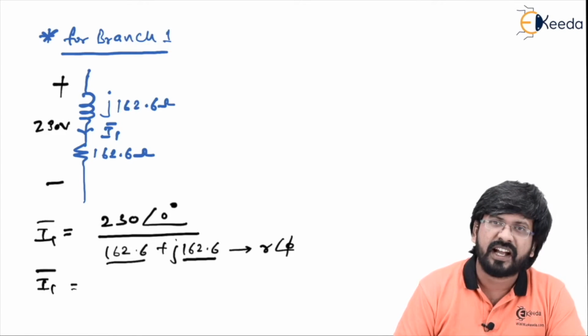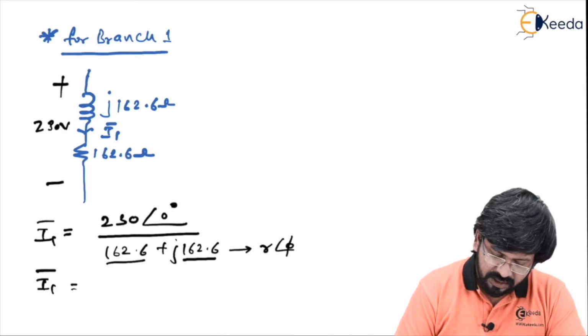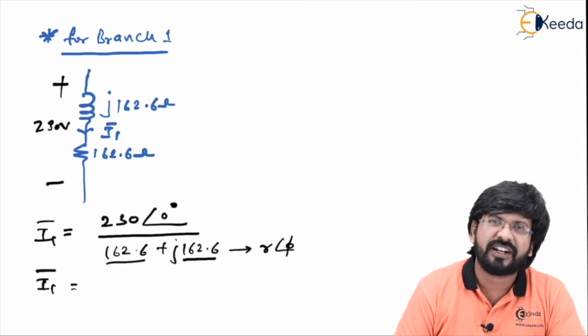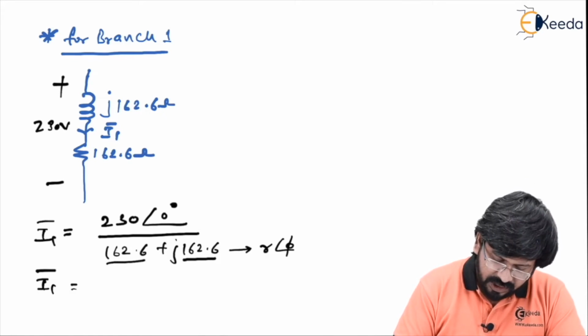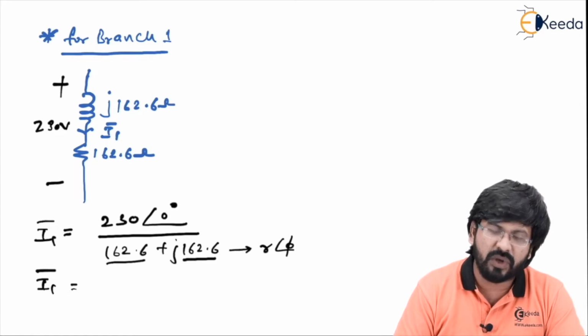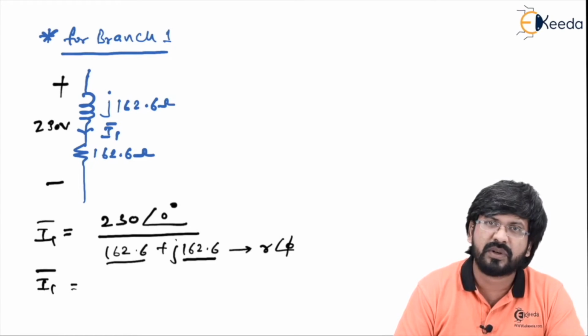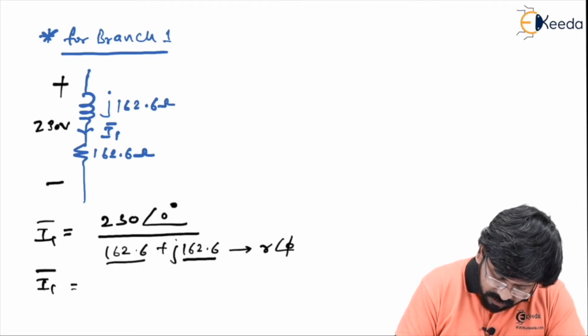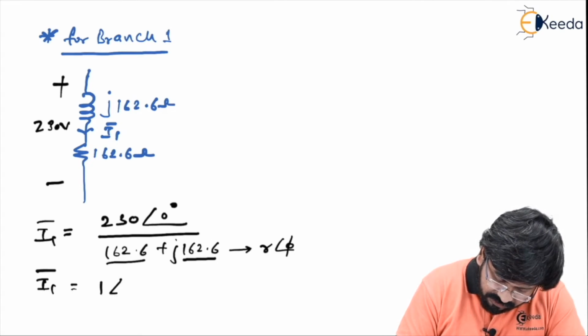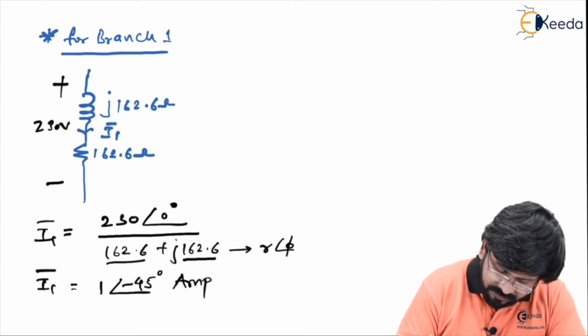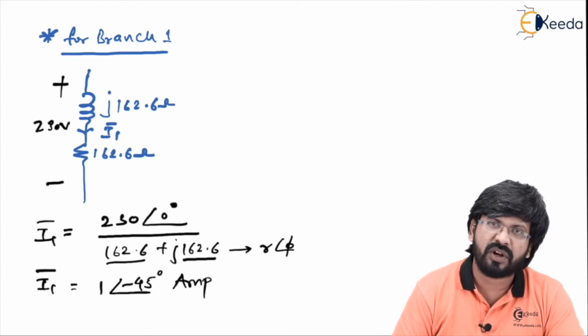So the angle at the bottom is 45 degree. When it comes to the numerator, it becomes minus 45 degree. If you also get the magnitude, it nearly becomes 230, and therefore the I1 vector is 1 at an angle of minus 45 degree. So this is for branch 1.